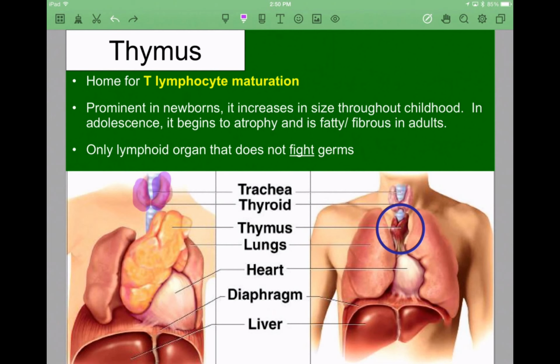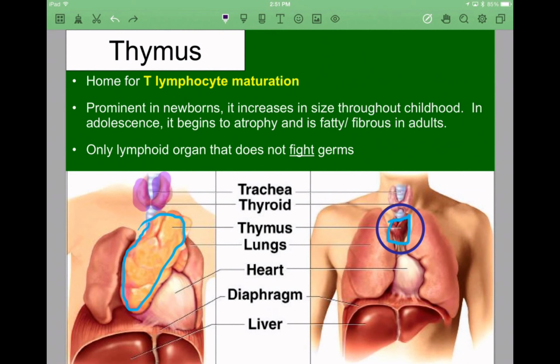Your thymus is down here, right? A little closer towards your lungs. It's still on your trachea, but we're talking about this one down here, this sort of lumpy thing, okay? Over here it's shown like that. So it is more posterior to the thyroid. Thyroid's higher. Let's keep it that way. Keep it simple.